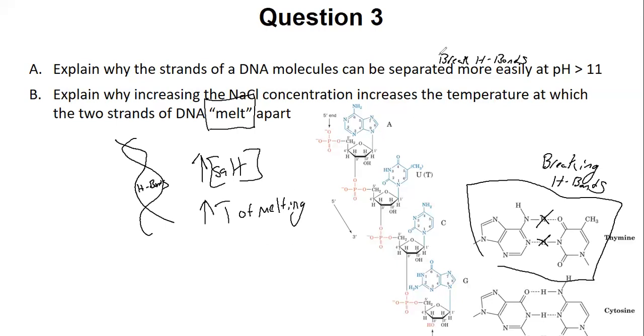And to help your thinking along, remember what NaCl is made out of, right? When you put NaCl into water, it forms positively charged sodium and negatively charged chlorine. Why does this make DNA stick together more? Anyone have ideas of why that is?